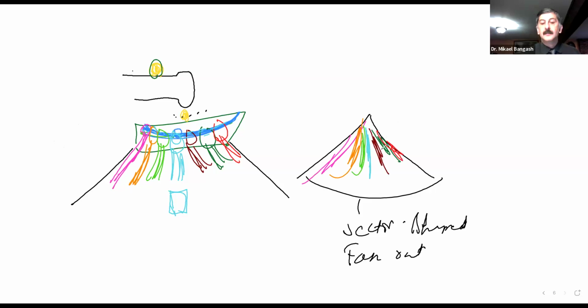And giving us this shaped image here, which was a sector shape, or a fan out shape image. Did you guys get that? Good. Any questions?